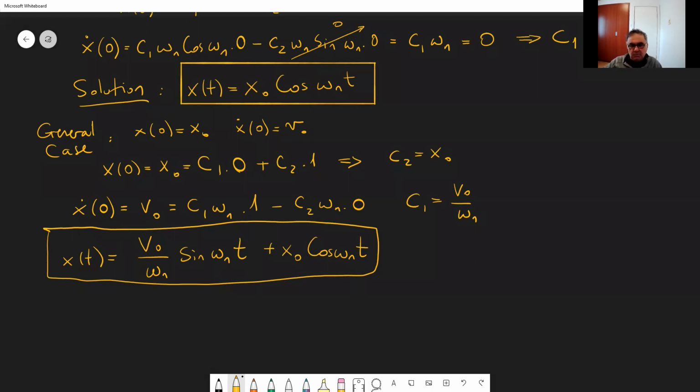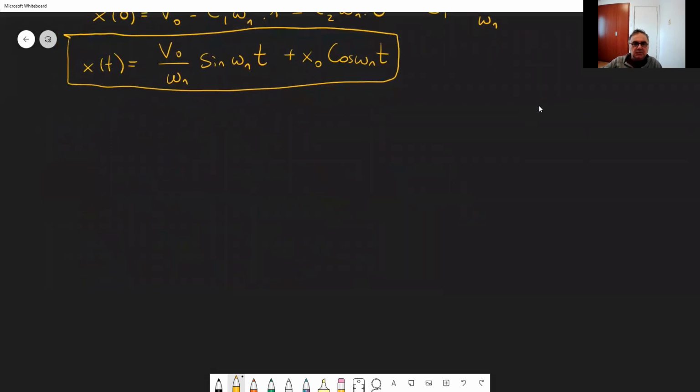If we draw this solution, what we get is something like this. Let's say that this is t, this is x. So we start from x0. This is the initial position at time equals 0.